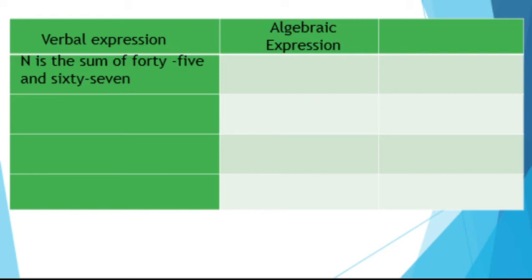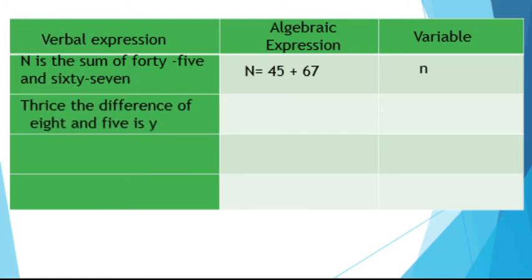So that is n equals 45 plus 67. And the variable is n.